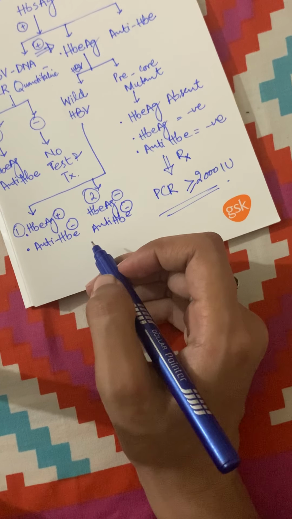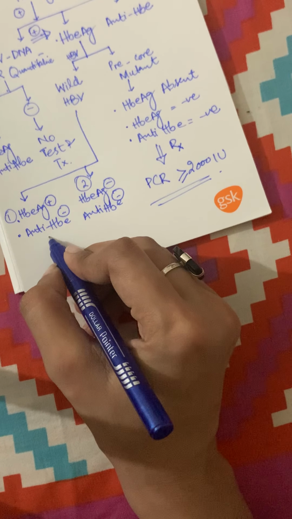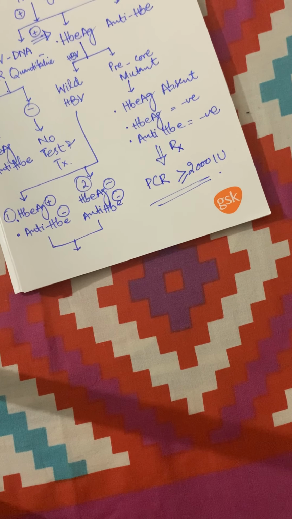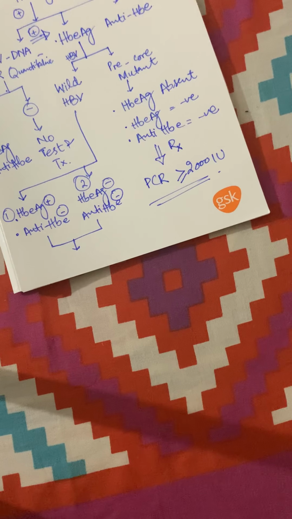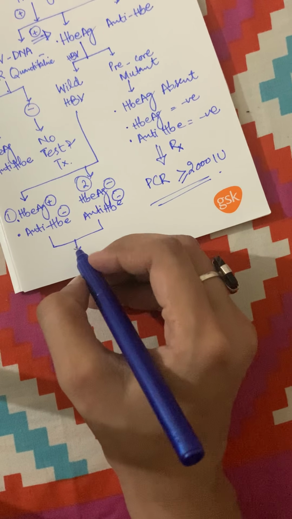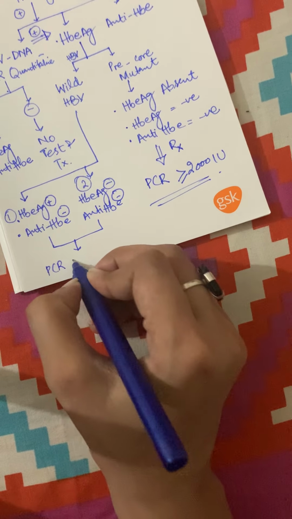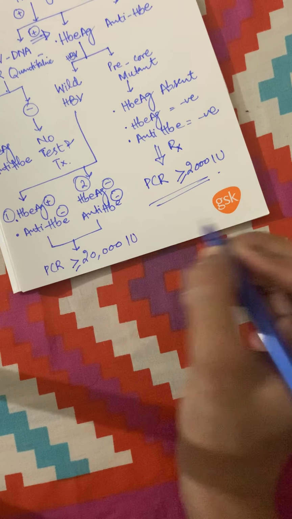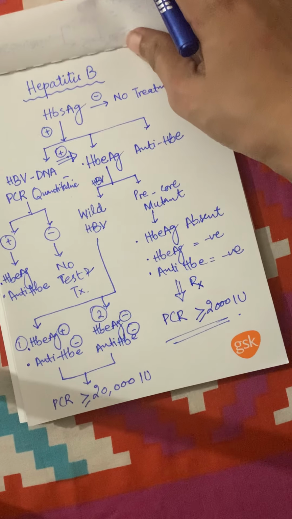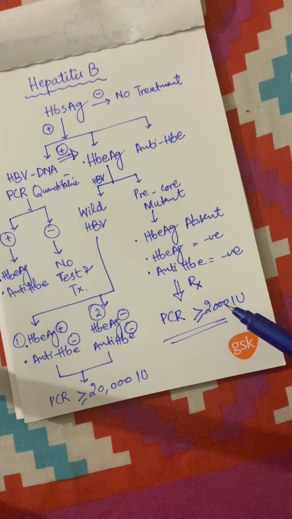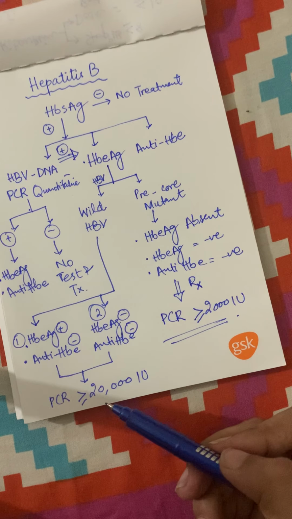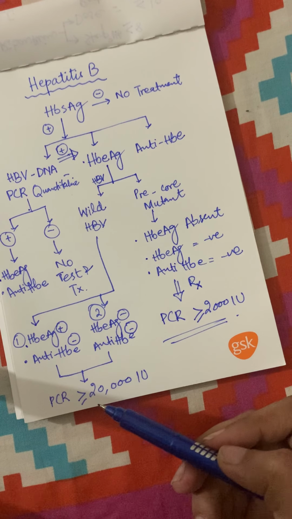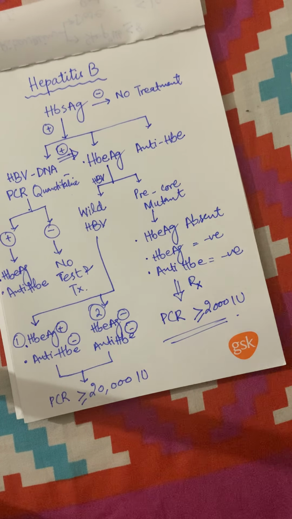In both of these scenarios, we start the treatment when PCR shows viral load of equal to or more than 20,000 international units. So in the pre-core mutant, treatment is started at 2,000 international units, but in this scenario we start the treatment when the viral load is equal to or more than 20,000 international units.